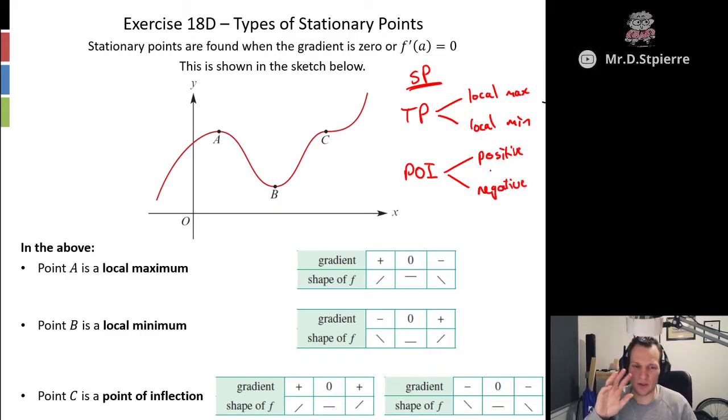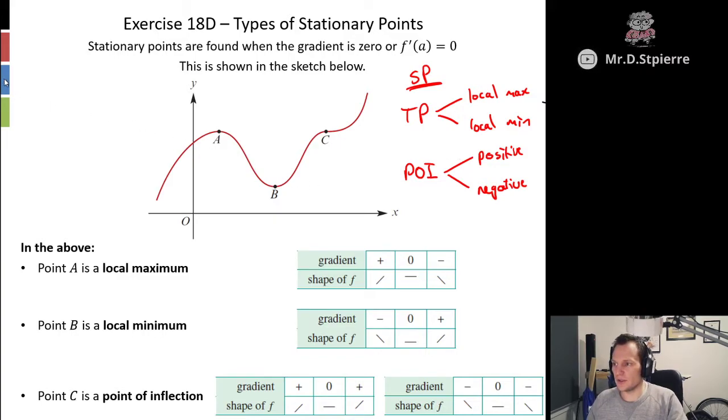Now, this terminology around positive and negative points of inflection is more just to help clarify. It's not common to describe a point of inflection as a positive or negative point of inflection. This is just more terminology to help us understand in class, while local min and local max are proper mathematics terminology.